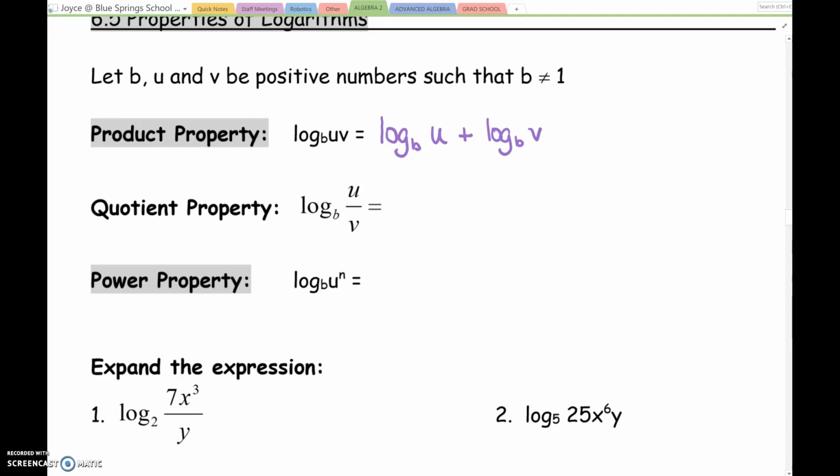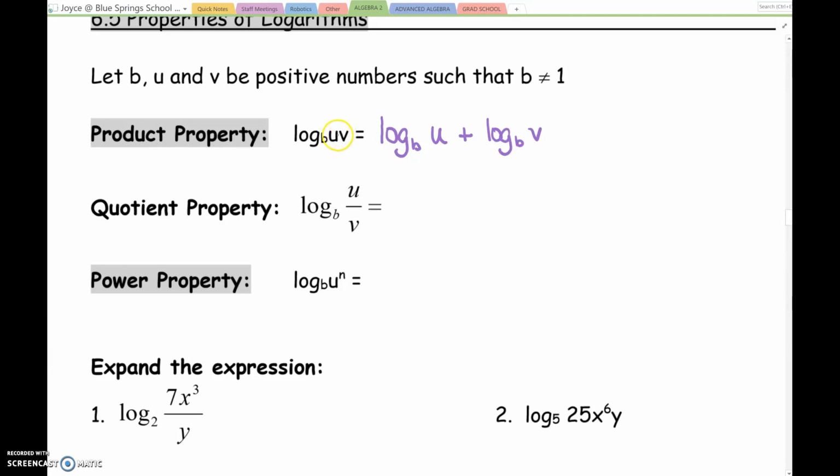So multiplication inside the log becomes addition between the logs. Kind of like when you're multiplying things with exponents, you add the exponents. Those are very related. These properties are related. Once you know that property, you can probably guess what the quotient property is.